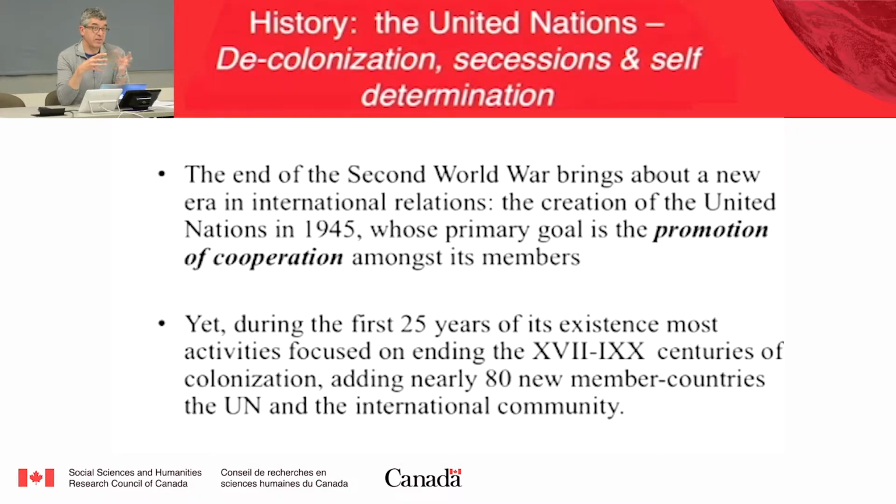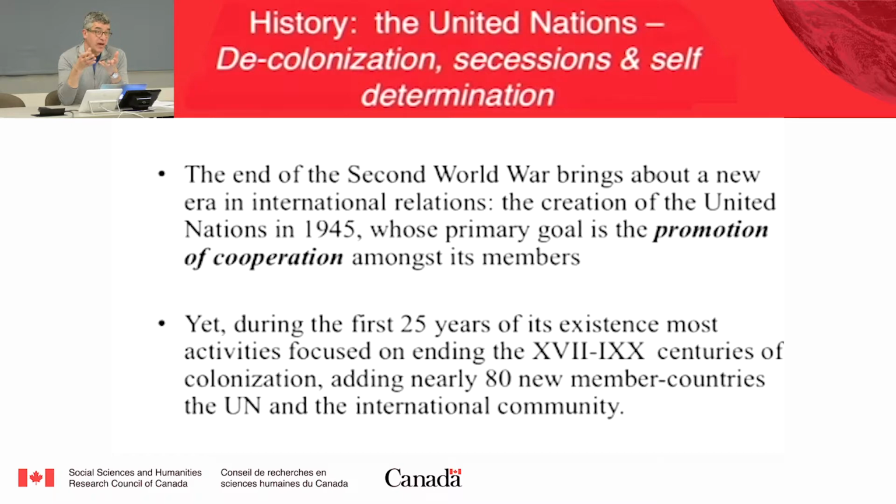And at the end of the Second World War, one of the things was to promote cooperation, to negotiate and to implement a global policy, which was the policy of decolonization, so that it would be as peaceful as possible.